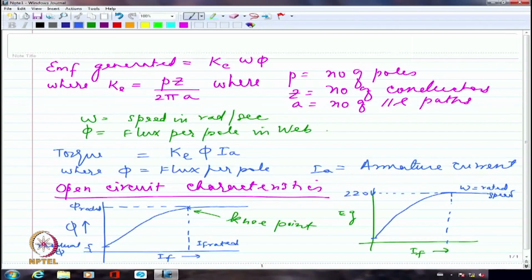Right? So I can specify this as though I am measuring it across the armature. Please note that a DC machine will always be specified with a circle representing the armature, with 2 brushes on either side. This is the representation of the armature of a DC machine.